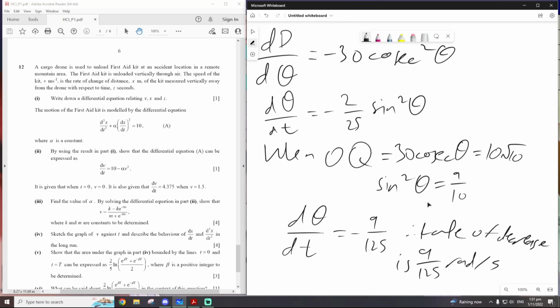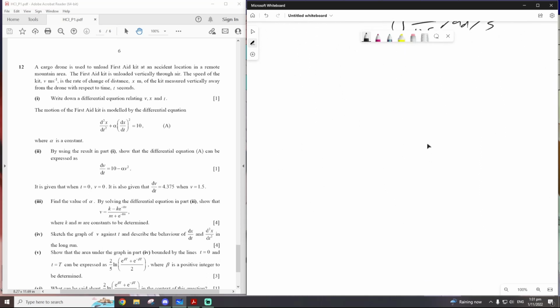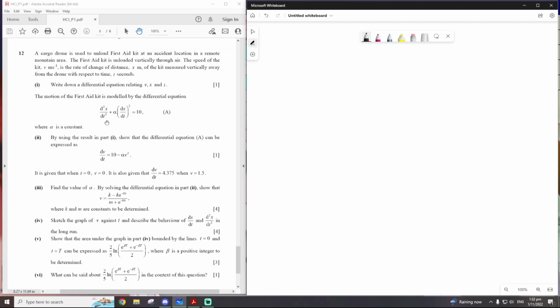Okay, cool. We've come to the final question. This is the kinematics motion. Okay, so we have a cargo drone to unload the first aid kit. Some very modern procedure. Okay, the important part for the first part is the speed of the kit, v meters per second, is the rate of change of distance of the kit measured vertically away from the drone with respect to time.